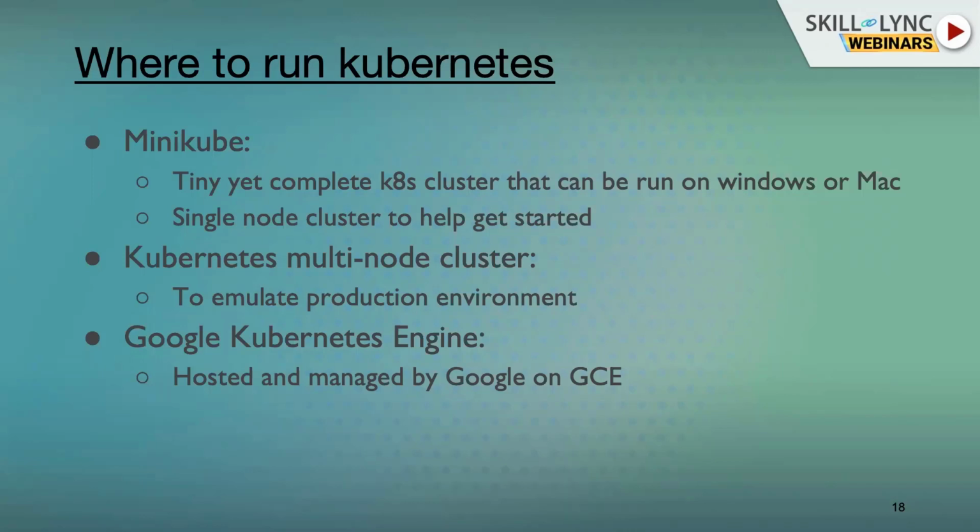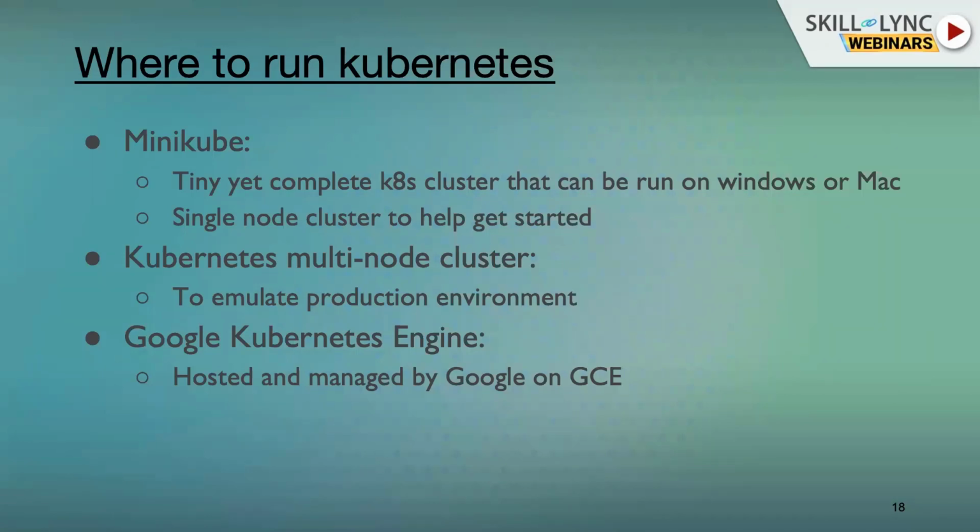So there are different ways. Let's say you are a student or you are learning Kubernetes and you just want to play around, learn the concepts, just try a few things. Then you need not go to the extent of creating a whole cluster, acquiring virtual machines, and creating a master node architecture and all that. You can use something called Minikube.